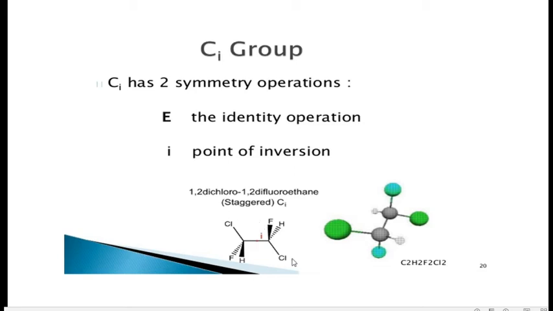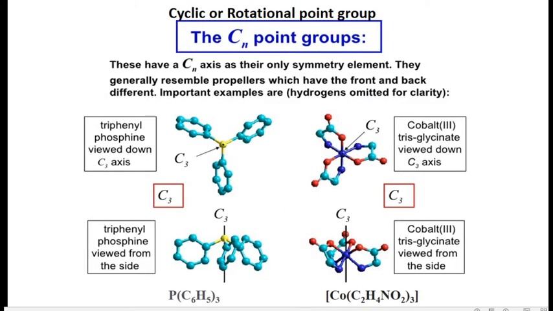So this molecule has only the center of inversion; it does not have a plane of symmetry or any other axis of symmetry. So the molecule having only and only the center of inversion and identity E, with all other symmetry operations or elements absent, one can assign the Ci point group to the molecule. So these are the examples of such molecules.